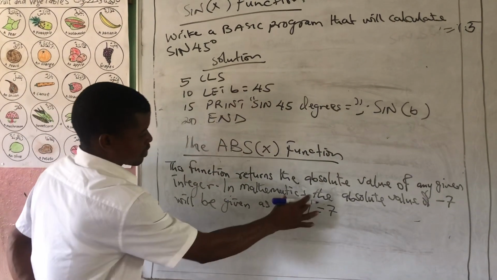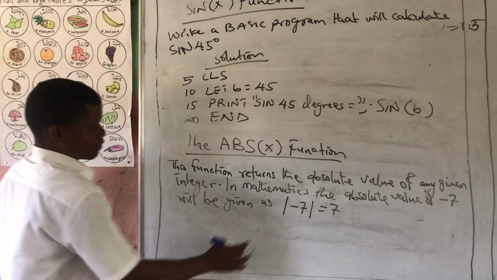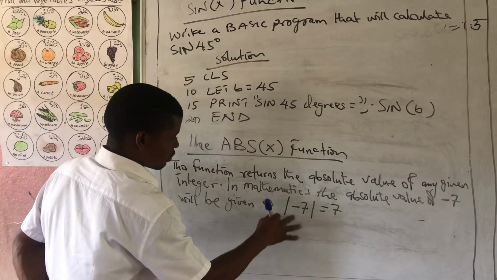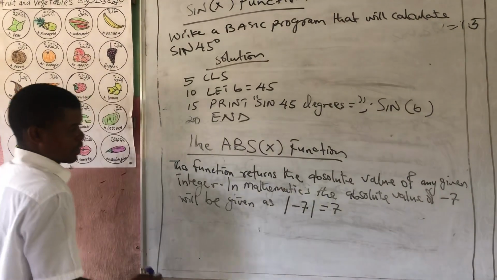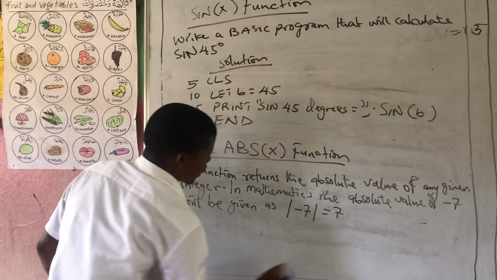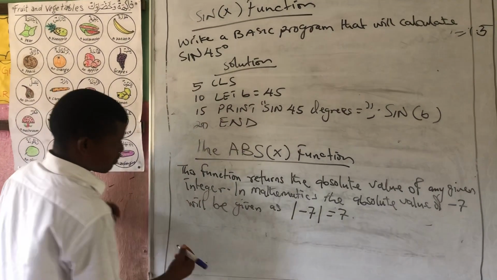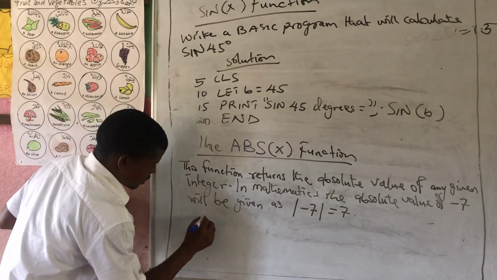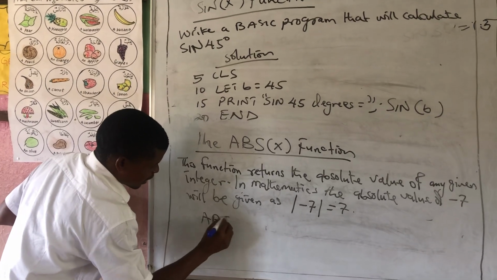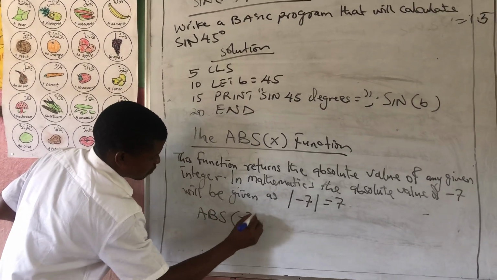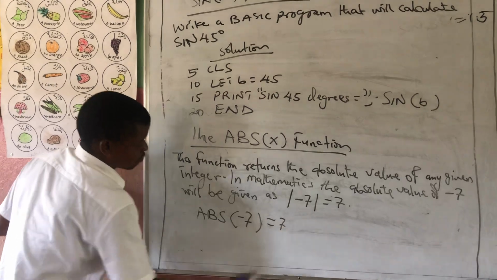This is called the vertical square. The absolute value of -7 will give you 7. And then in basic, how to implement this, we have ABS of -7 will still give you 7.